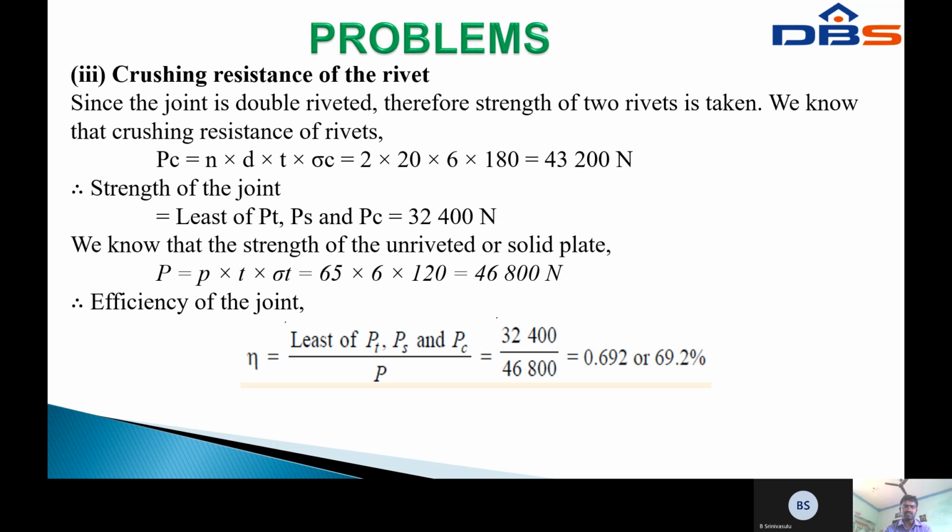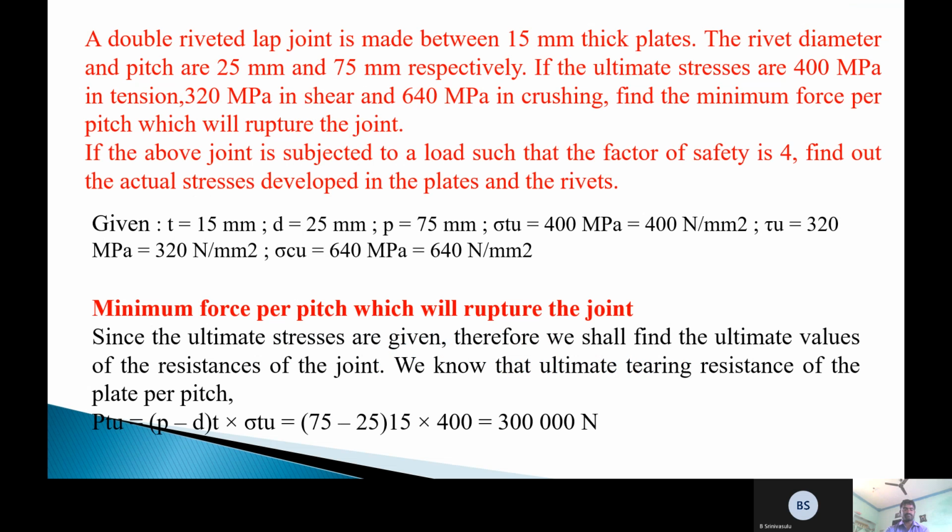Now the strength of the joint, the least of Pt, Ps and Pc, equals 32,400 newtons. We know that the strength of the unriveted or solid plate equals p into t into sigma t, that equals 46,800 newtons. Now the efficiency of the second joint, the least of Pt, Ps and Pc divided by P, equals 69.2 percent.